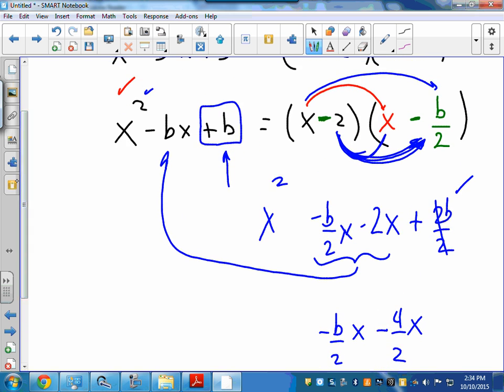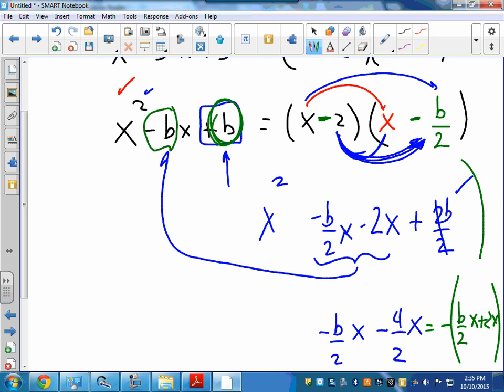So how do we get b? Well, what do we know? We know that this constant is the same as this coefficient. So this now is minus b over 2 x plus 2x, if I just pull out the minus sign, and that's supposed to be the same as b.